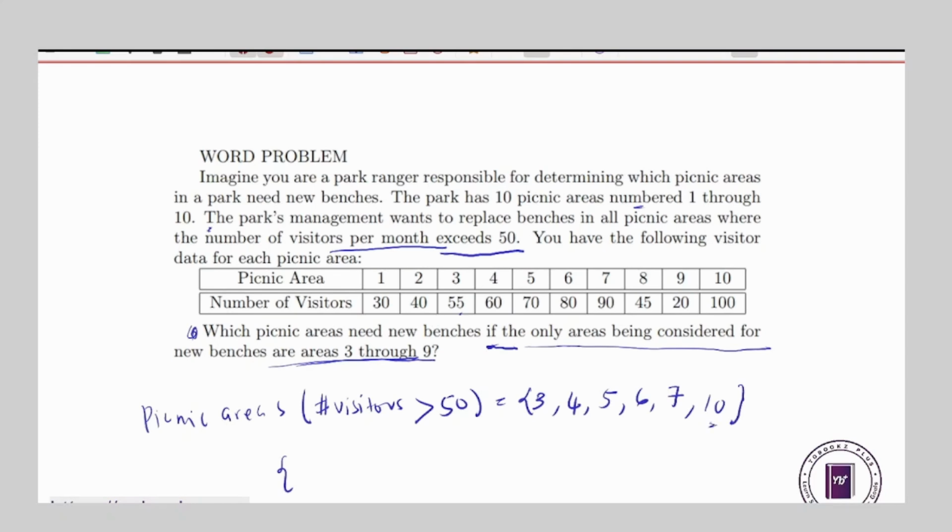So we'll just keep those that are within the range given by the question. So that is 3, 4, 5, 6, and 7. These would be the picnic areas that would need new benches if the only areas being considered are areas 3 to 9, and also the number of visitors per month exceeds 50. All right, so that's it.